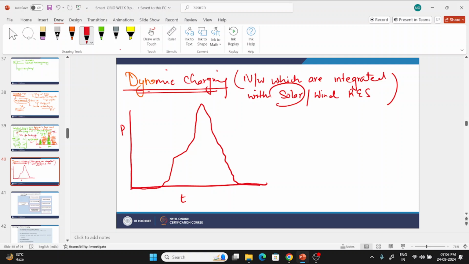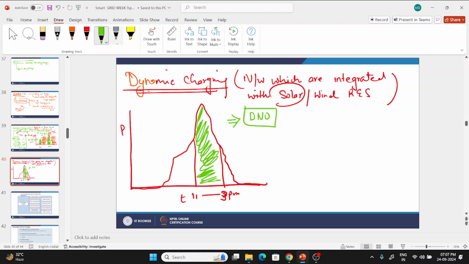You can see here from 11 to, let's say, 3 p.m., the output of the solar is high. So the operator, which is the distribution network operator, will establish the time of charge such that if any EV user charges their vehicle in a solar hour, the benefit of the solar integration will be given.